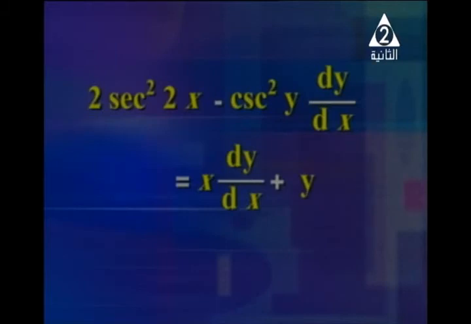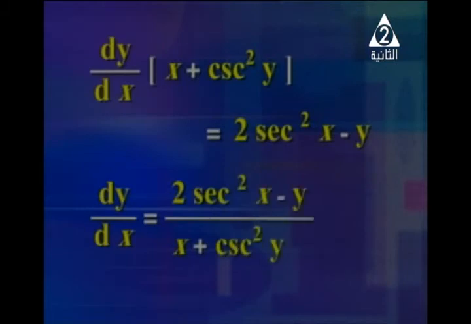First is x, derivative of y is dy by dx, plus second is y, derivative of the first dx over dx is 1. Therefore, dear student, we deduce dy over dx by the highest common factor, multiplied by the bracket containing x plus cosec squared y, equals 2 sec squared 2x minus y. After that, we divide each term by x plus cosec squared y, then dy over dx equals 2 sec squared 2x minus y over x plus cosec squared y.